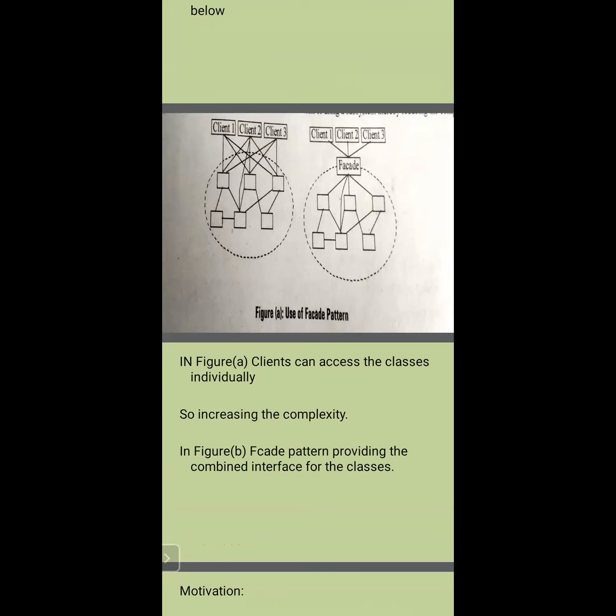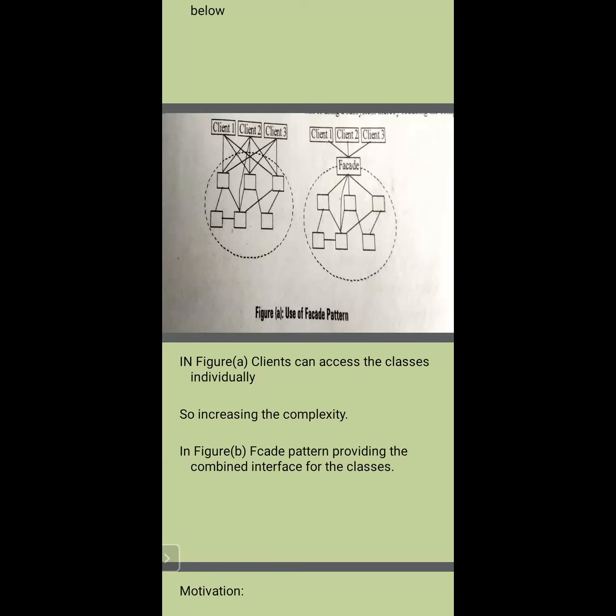In the first diagram, more than one client accesses the objects or classes individually. But in the second diagram, using the facade, we provide a common interface for the clients to access the classes or objects. So here we are reducing the complexity and providing easier interaction with the application.